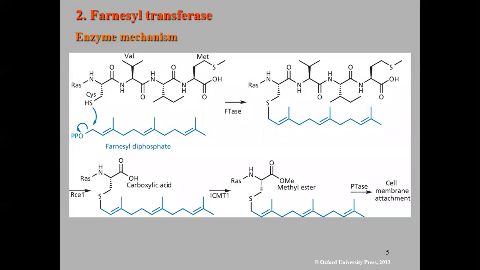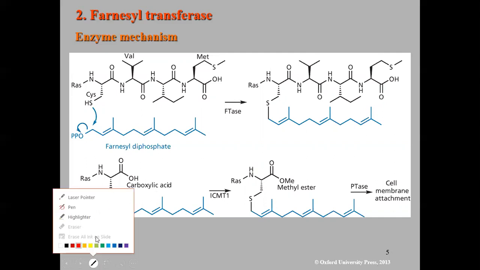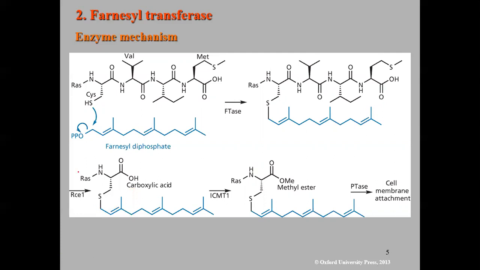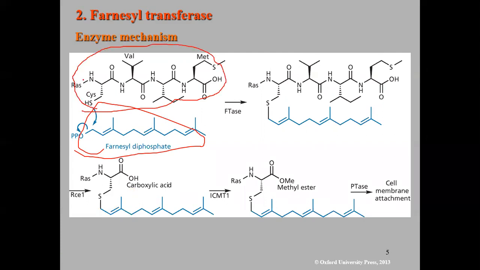Okay, so what's the enzyme mechanism? How does farnesyl transferase do its job? Well, as we said, it attaches a farnesyl group, this is the farnesyl group, to the RAS protein. This figure only shows the terminal tetrapeptide of the RAS protein.